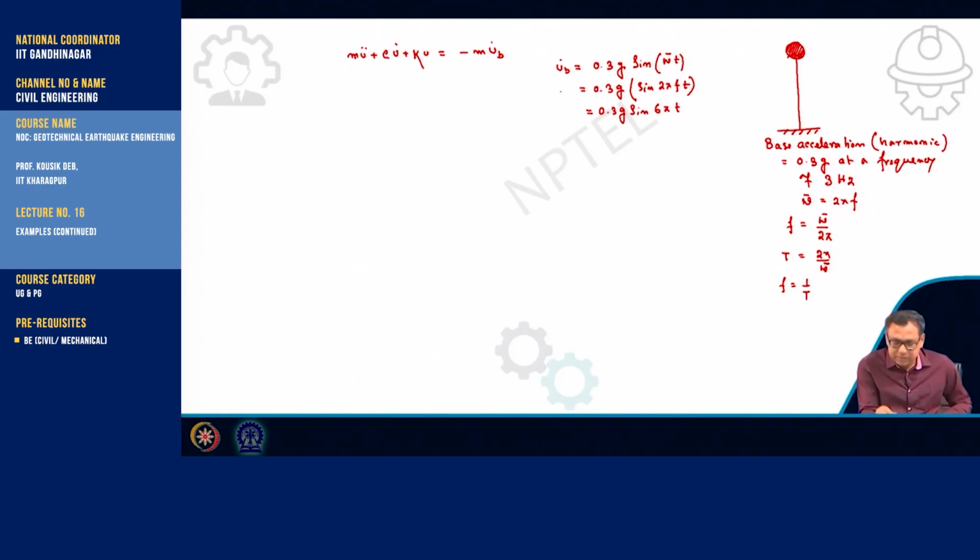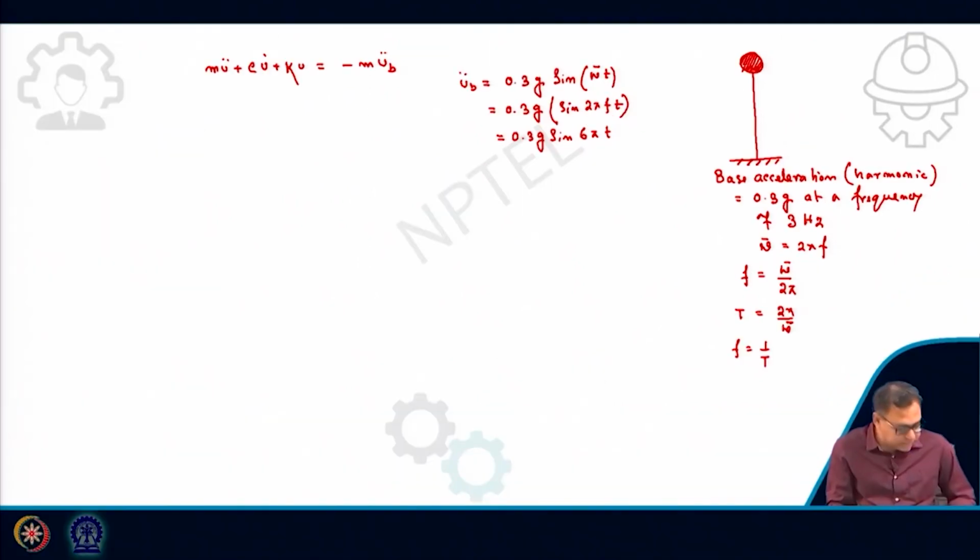Okay. So this is your u_b double dot, because this is the acceleration. This will be u_b double dot because this is the base acceleration. Now that means this is equivalent to a load of Q(t) that is equal to minus m u_b double dot.